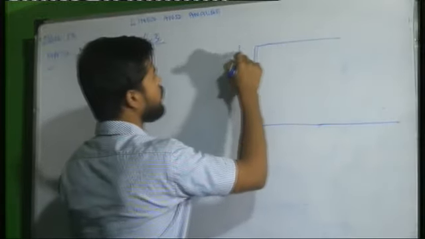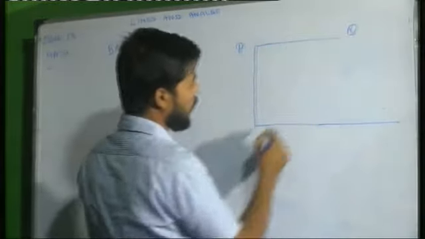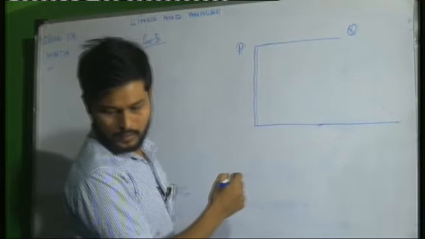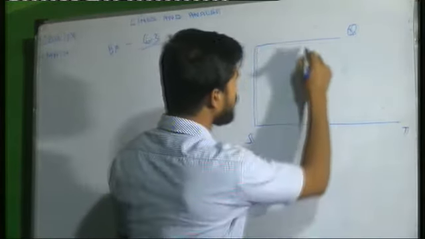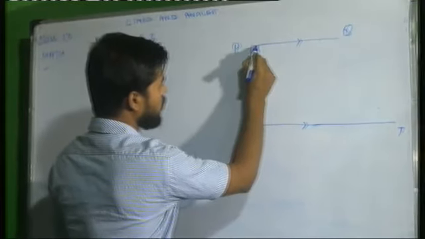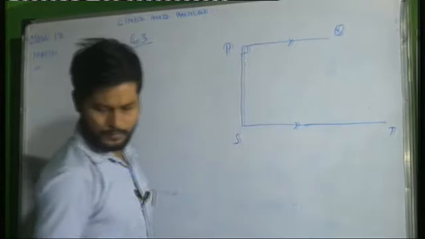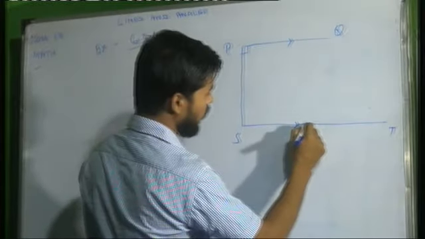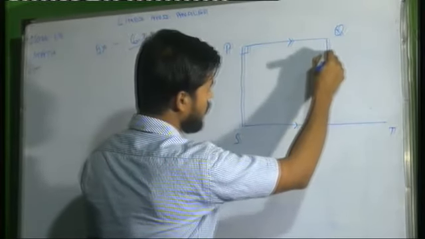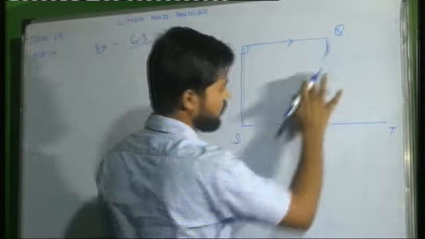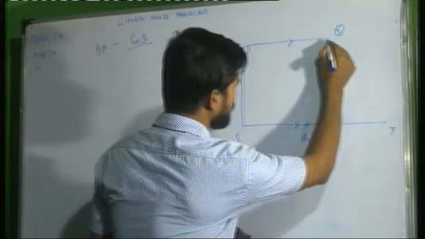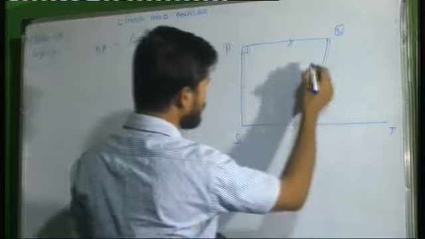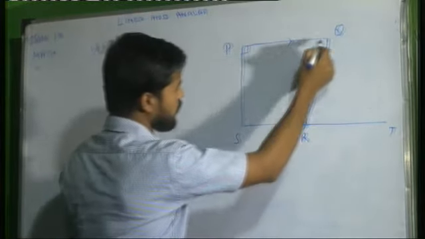One line PQ and the line ST are parallel to each other. This angle is equal to 90 degree. There's a point R. QR is joined. Okay, and then join QS.